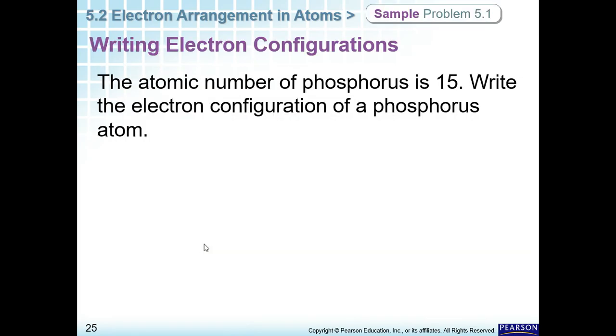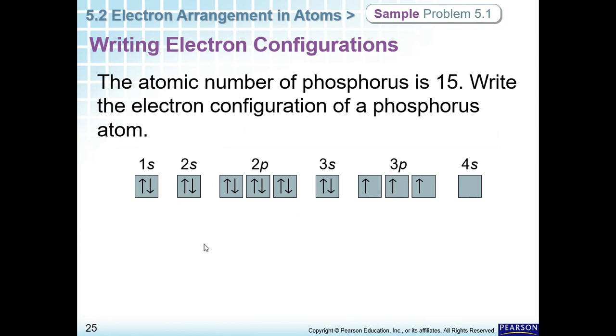So let's use phosphorus for example. We already did the box diagram, so let's write the shorthand electron configuration for it. We see 1s first. We drew 2 arrows, so I'm going to write 2. Then we have 2s, with 2 arrows. We have 2p, and notice I have 6 arrows in there.